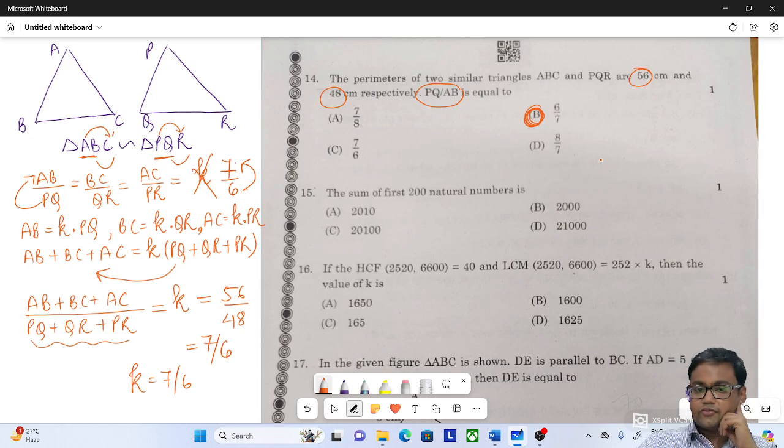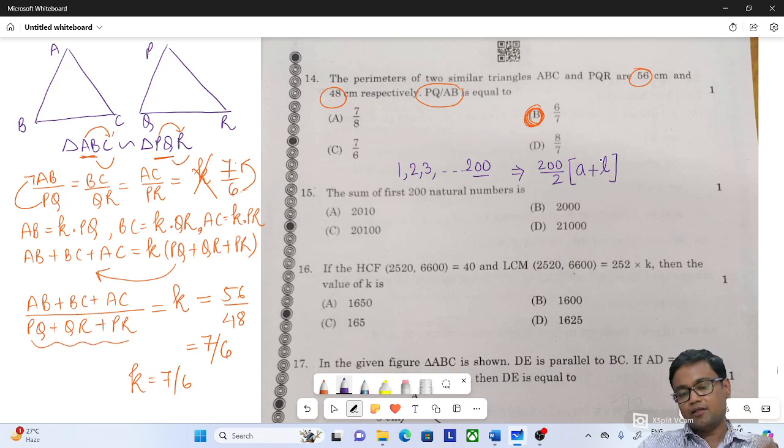The sum of the first 200 natural numbers can be done here on the page itself. The progression could be written like this, where the last term is 200, right? So n by 2, 2a plus n minus 1 d, but we do not have to write 2a plus n minus 1 d.